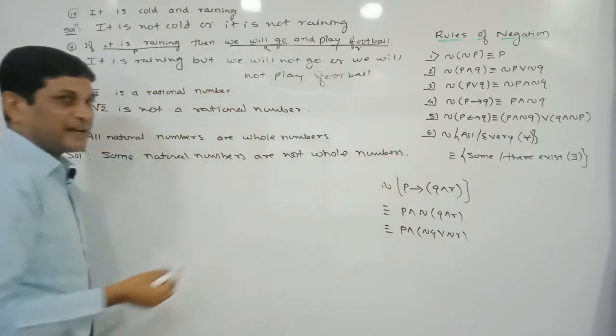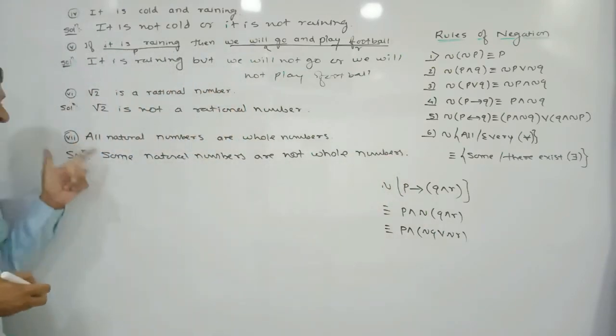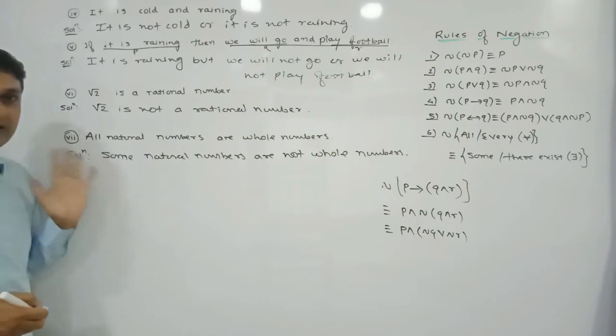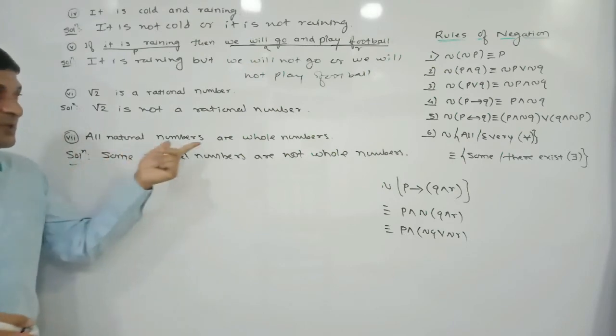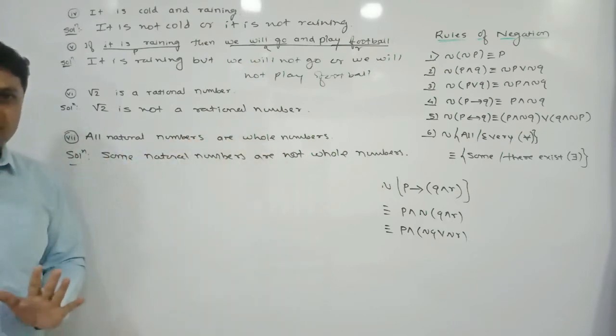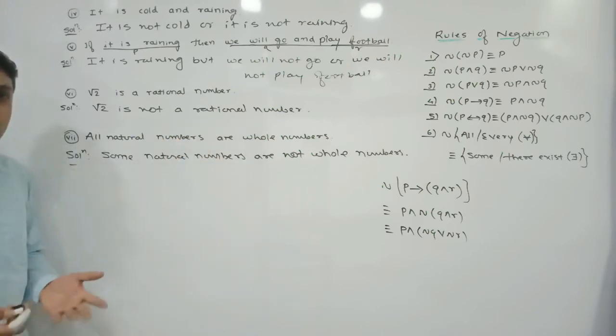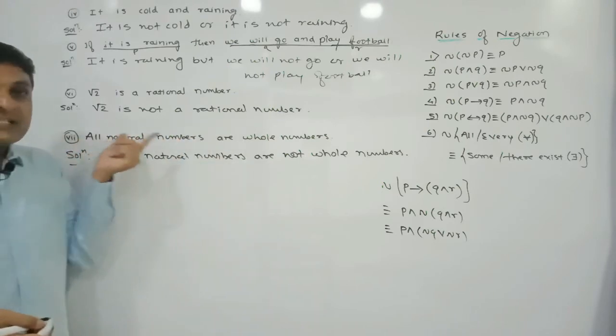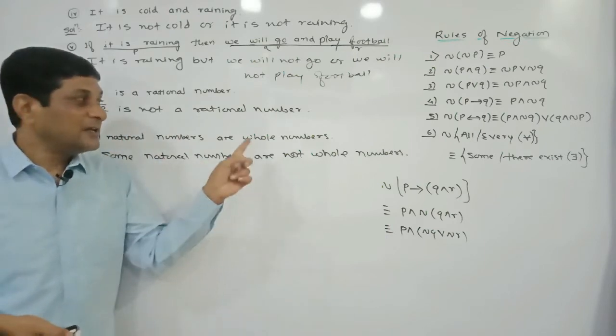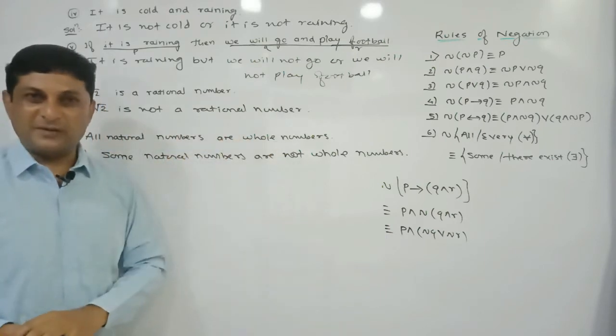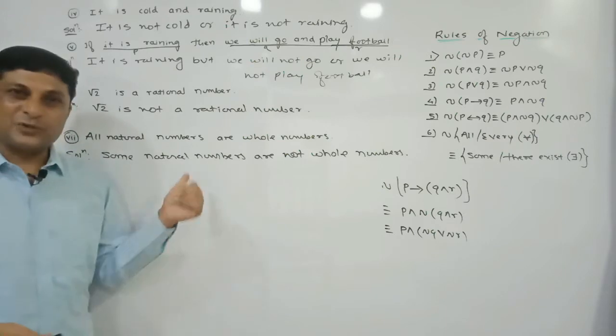In this way, all gets replaced by some or there exists. Some natural numbers are not whole numbers. If we write the answer in terms of there exists, then we get: there exists at least one natural number which is not a whole number. In this way we have got the negation of this statement.